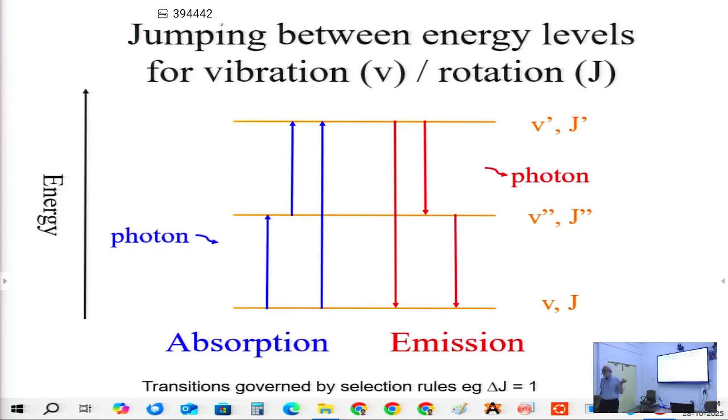It can also vary by -1 and 0, but basically it's capped. So you don't get delta J 2, 3, 4 transitions with usual dipole selection rules. You can get them under other circumstances, and we'll talk about at least one example of that as well. But you get these things called selection rules, so not all transitions are equally likely. Some don't happen at all. Some are very weak, but can happen with strange selection rules.